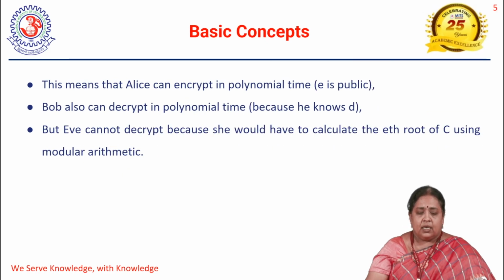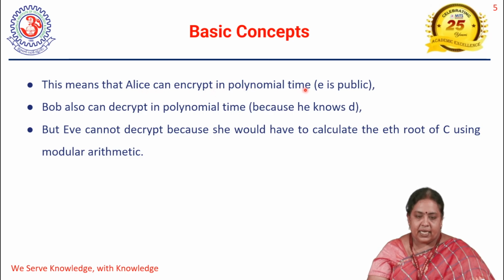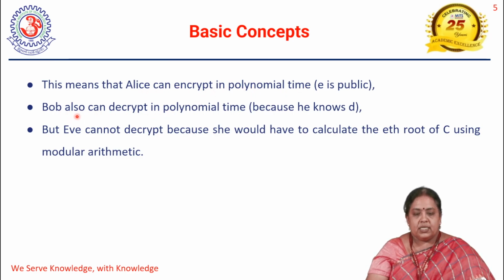Alice can encrypt the message in polynomial time, and Bob, the receiver, can also decrypt the message in polynomial time if he knows D. Without knowing D, Bob cannot decrypt the message. Bob is the intended receiver, so he can decrypt the message in polynomial time.